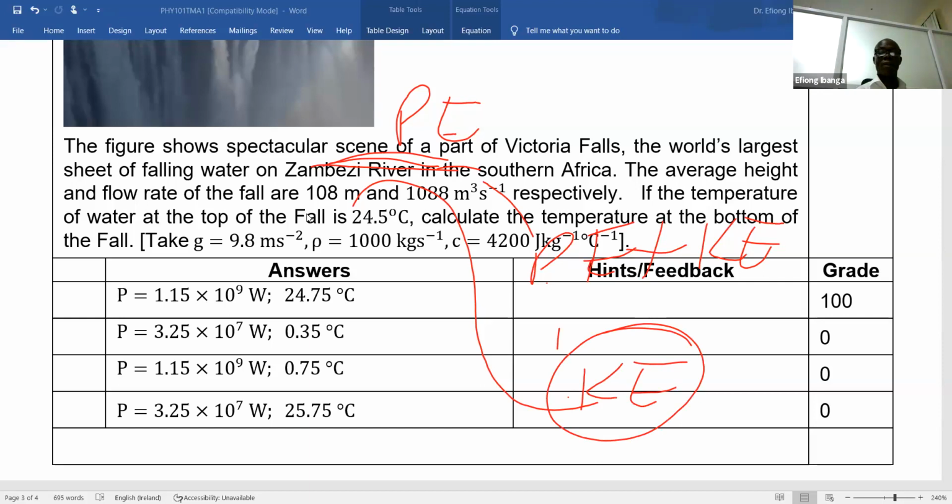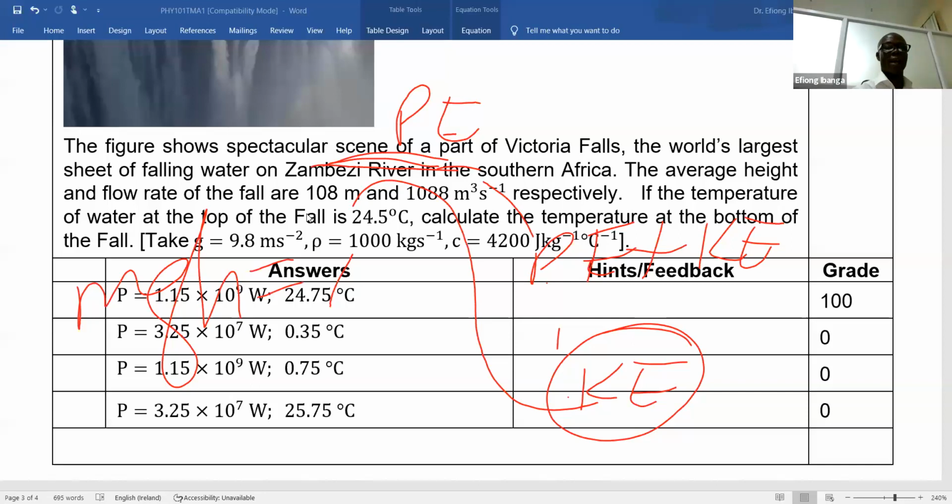So the assumption is that if all of this has been converted to thermal energy, I'm supposed to have mgh equal to mc delta T, where delta T is the change in temperature.